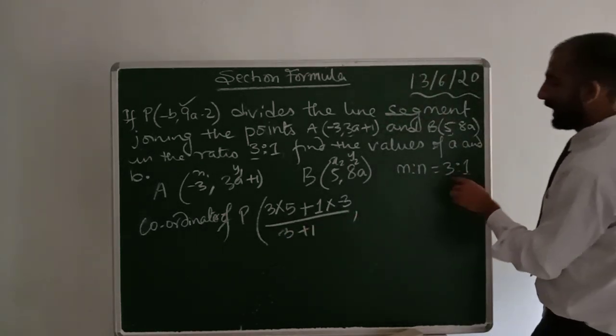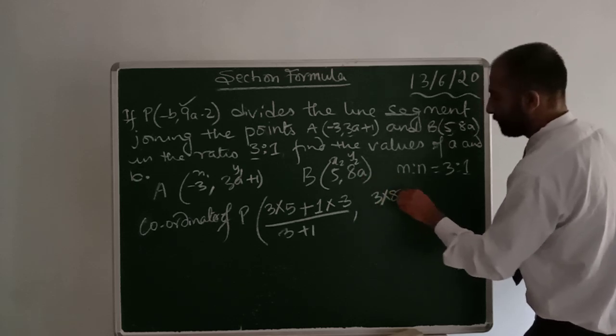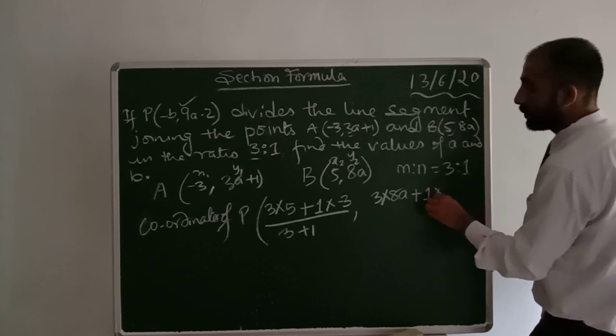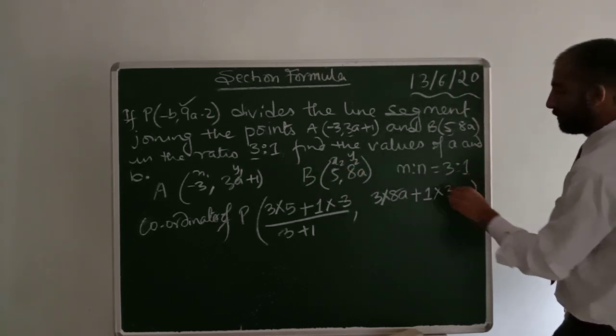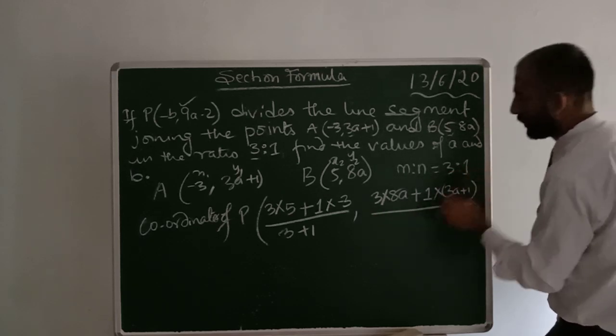Similarly, m y2, that is 3 into y2 which is 8a, plus n into y1 which is 3a plus 1, by m plus n, that is 3 plus 1.